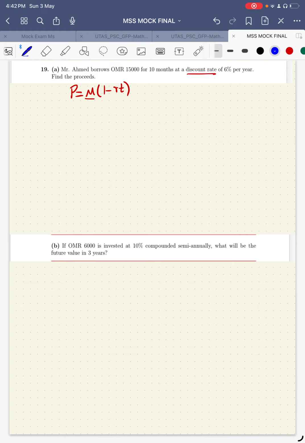M is what we borrowed, which is 1500 Omani riyals. And R is the discount rate, so R is 6%, which is 0.06 if you use the calculator. And T is the time given in years.